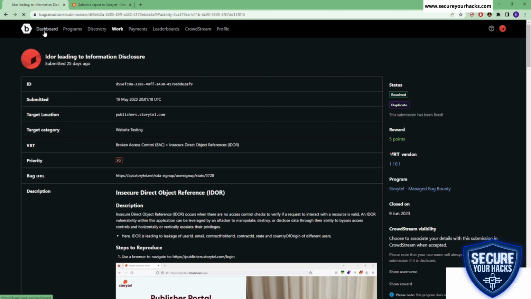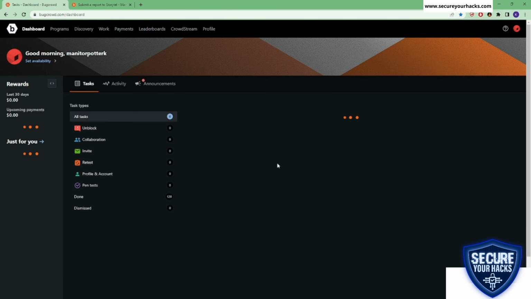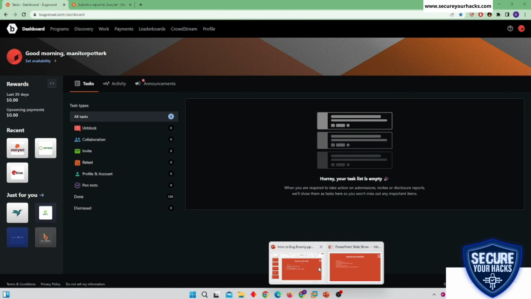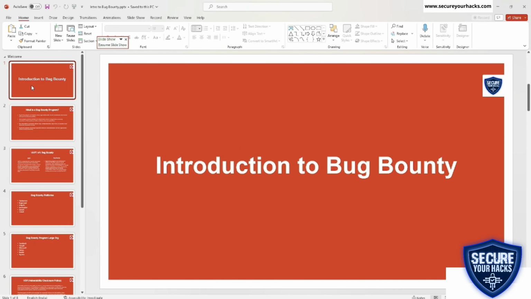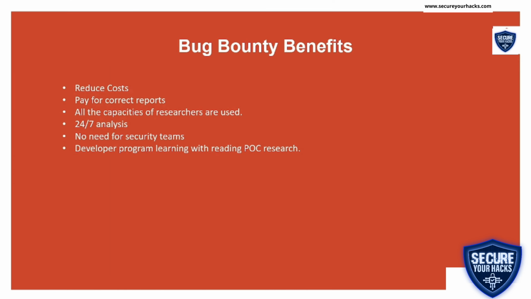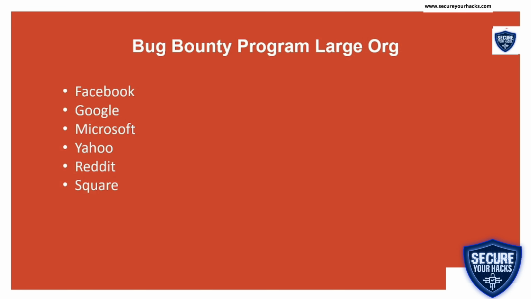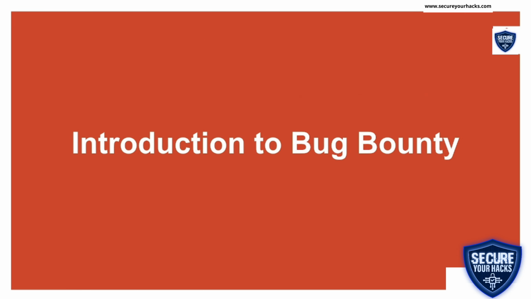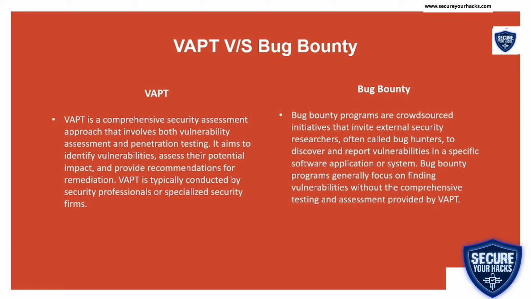But this is different when you are reporting any VAPT project. Bug hunting is different from VAPT; we have already discussed that. So we have covered the introduction to bug bounty and its benefits.